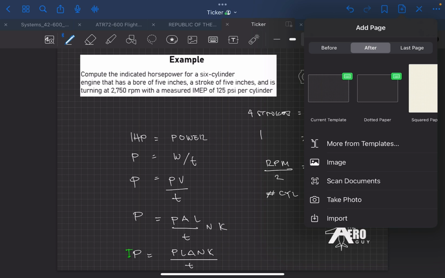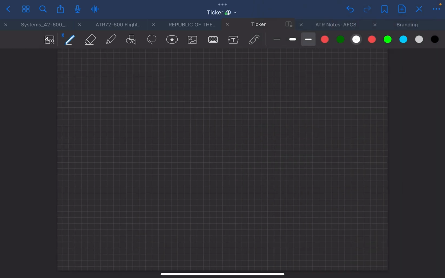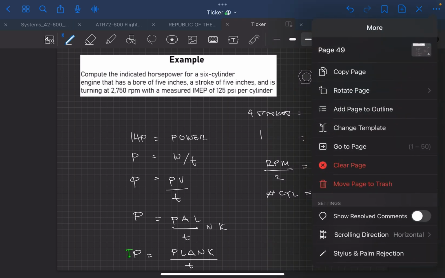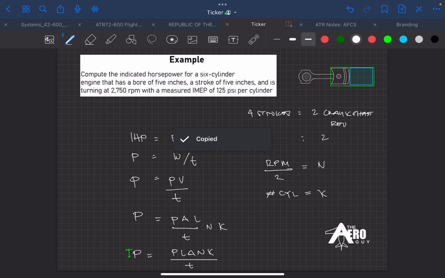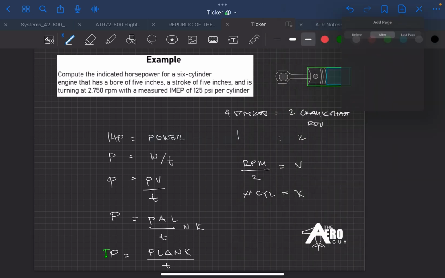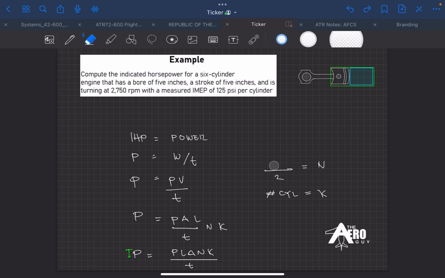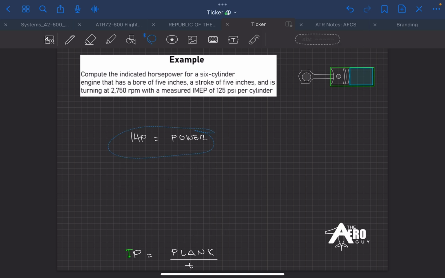Remember, we are trying to compute for the indicated horsepower, and to compute for the indicated horsepower, you have to convert your power output, as you have computed, into horsepower terms.